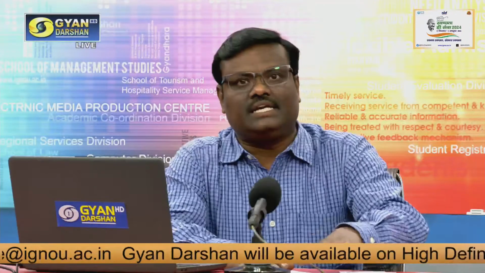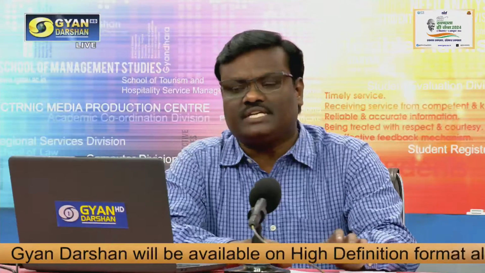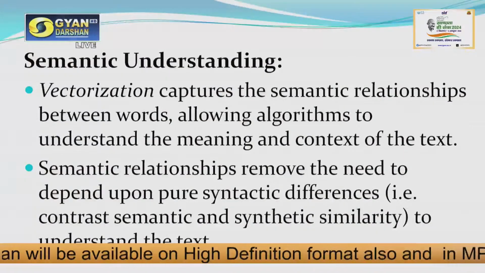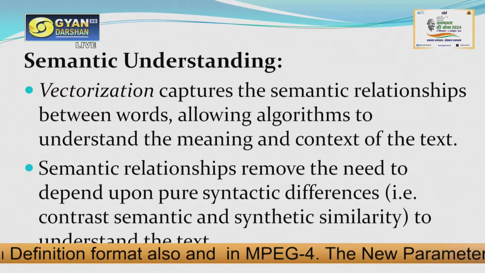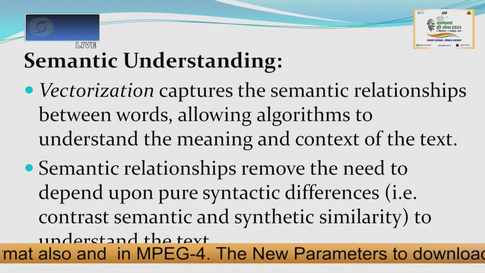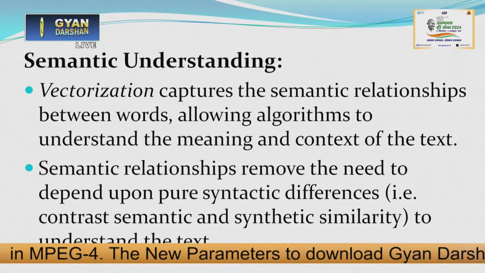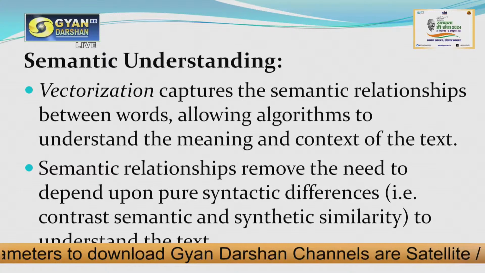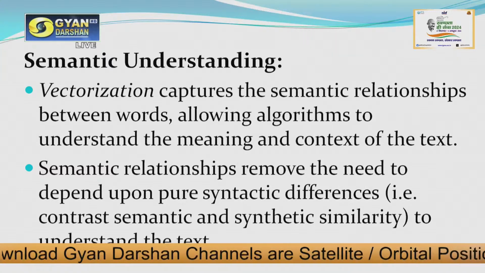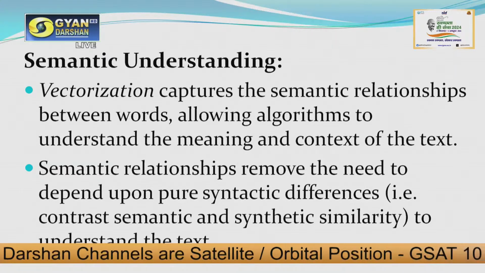Text feature transformation captures the semantic relationships between words, what kind of semantic relationship one word has with another, allowing the algorithms to understand the meaning and context of the text. In many languages, a word also depends on the context in which we are using it.